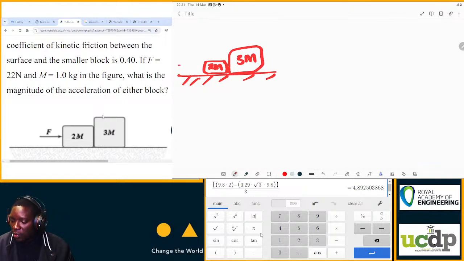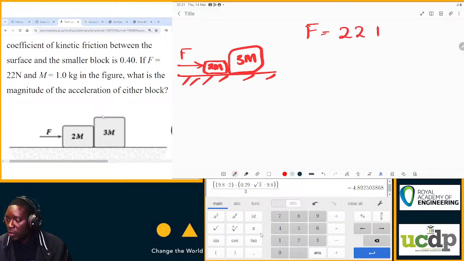So the force is a 22 Newton force. F equals 22 newtons. That is given. Then 2M will be 2 kg, 3M will be 3 kg. But we know that for the 2 kg mass, mu k is 0.4.